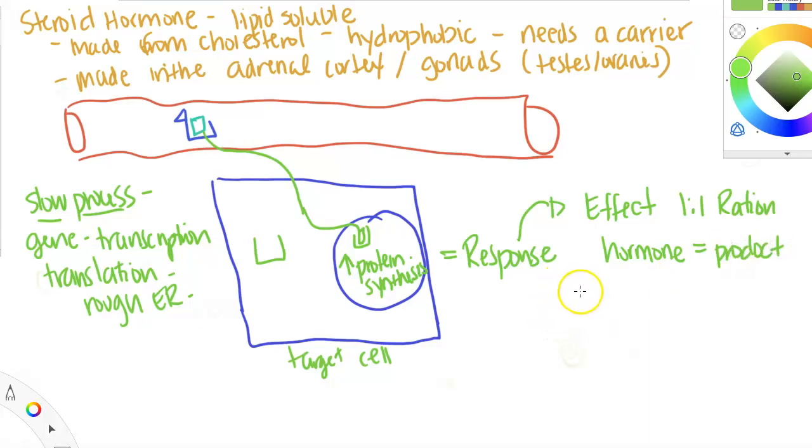So that means if we want more protein, we need to have more hormone. So 1 protein basically equals 1 hormone. That's what we mean by 1-to-1. So if we want more protein, we got to increase hormone. So this is a slow process. It cannot be amplified.